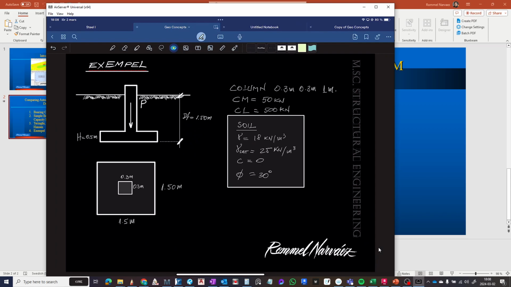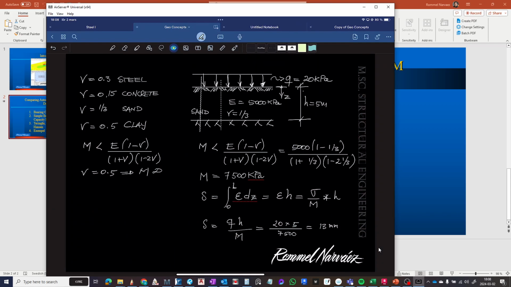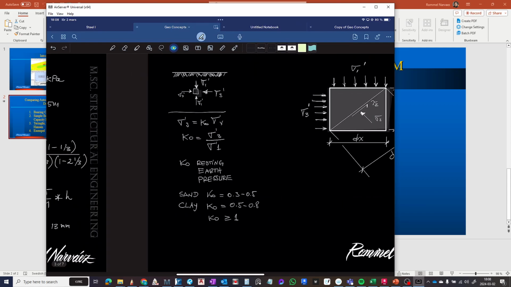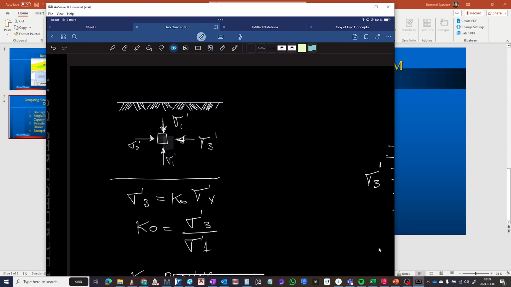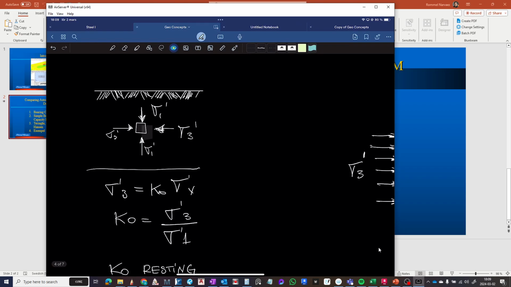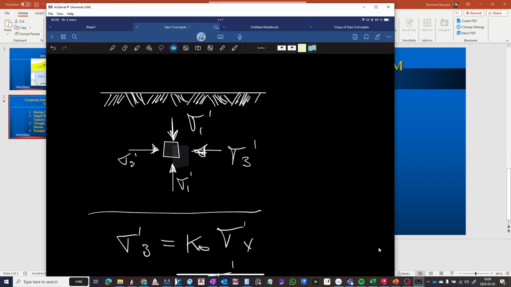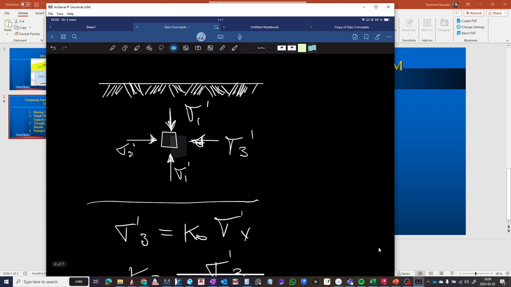To get inside this comparison, we need to look at some information here. For example, we can look at this differential element of soil, a very little bit of the soil. We have vertical stresses, normal stresses, and we have horizontal stresses in this soil.